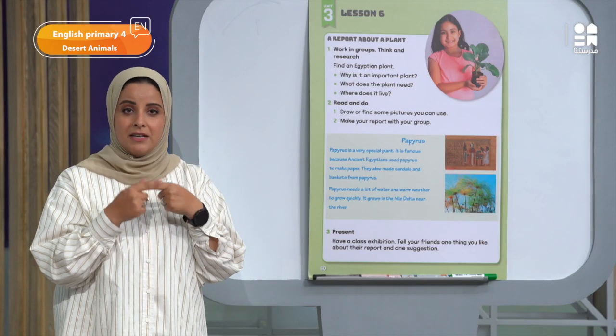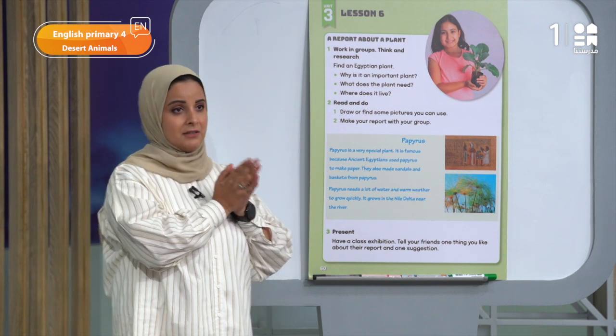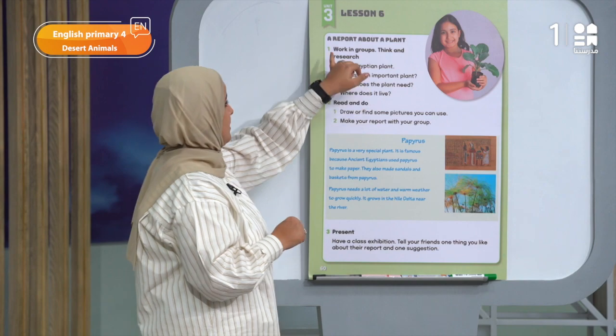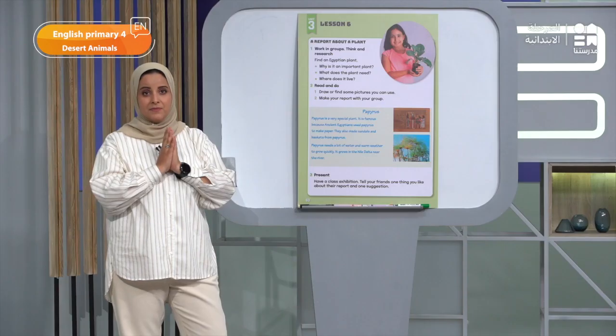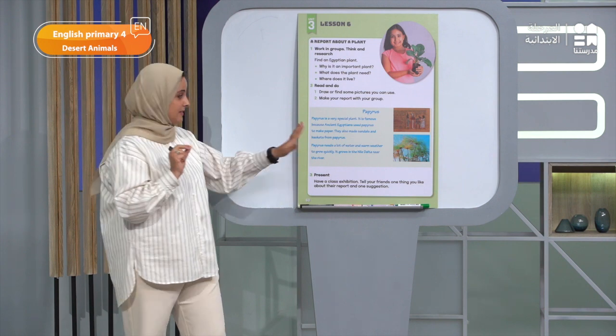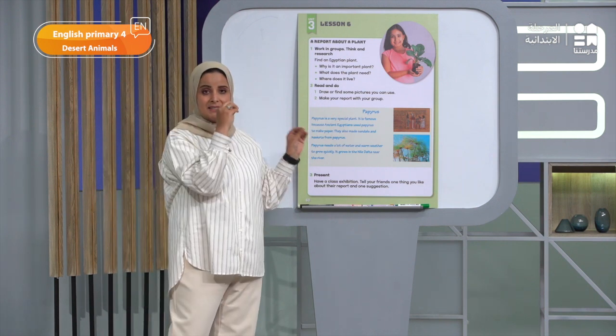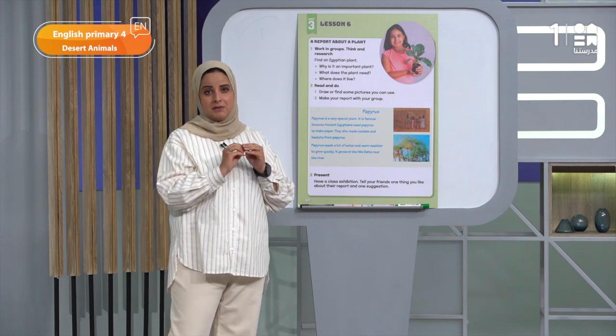طب احنا بعد ما قرينا الريبورت نقدر نرجع تاني نجاوب على الأسئلة؟ طبعا هنقدر. تعالوا نقرا الأسئلة. The first bullet point says, why is it an important plant? Take your time. اتكلمنا برضو قبل كده وقلنا لما يكون عندي سؤال وعندي تكست لازم أطلع الإجابة بتاعتي من التكست. وده بنسميه scanning and skimming.